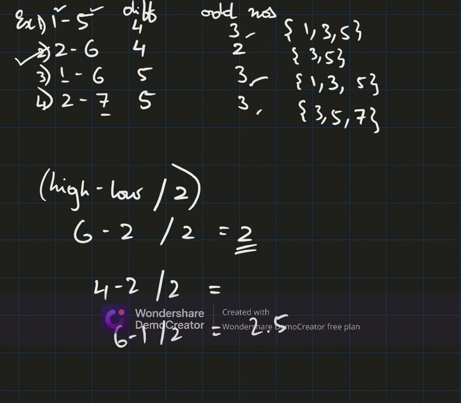So one possible pattern you can see is, when both are even numbers, you can be sure that subtracting high minus low and dividing by 2 would give you the answer. So that is one condition. Please bear with me for a second.